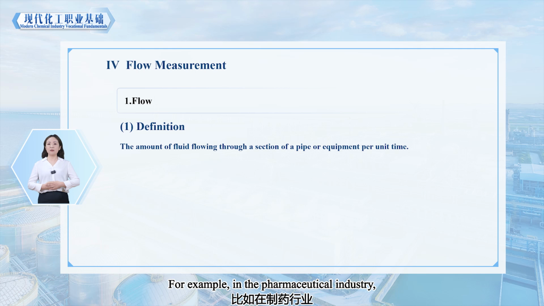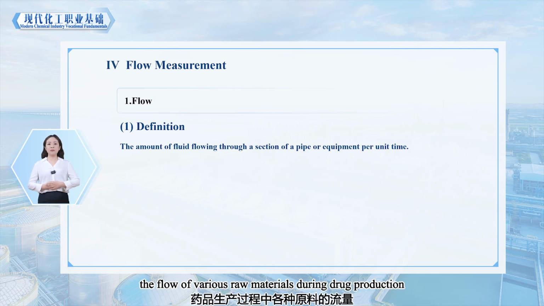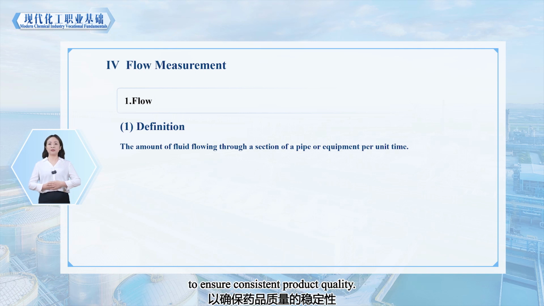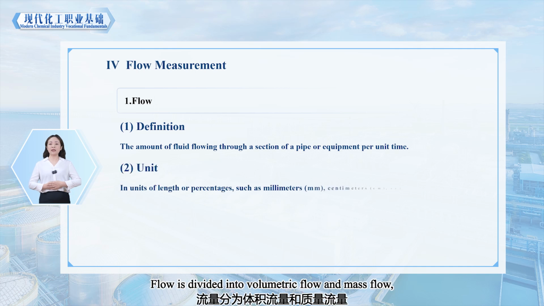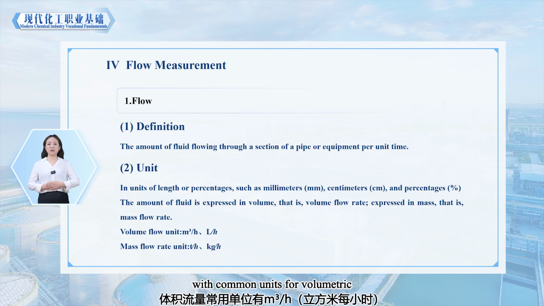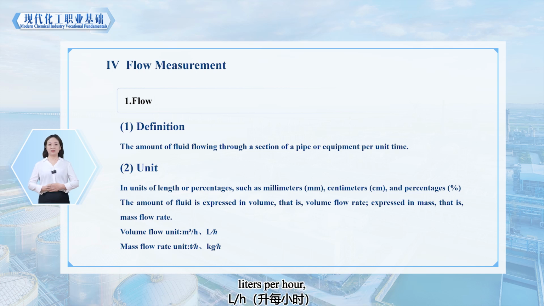For example, in the pharmaceutical industry, the flow of various raw materials during drug production must be strictly controlled according to the formulation to ensure consistent product quality. Flow is divided into volumetric flow and mass flow, with common units for volumetric flow being cubic meters per hour, liters per hour, and for mass flow being tons per hour and kilograms per hour.